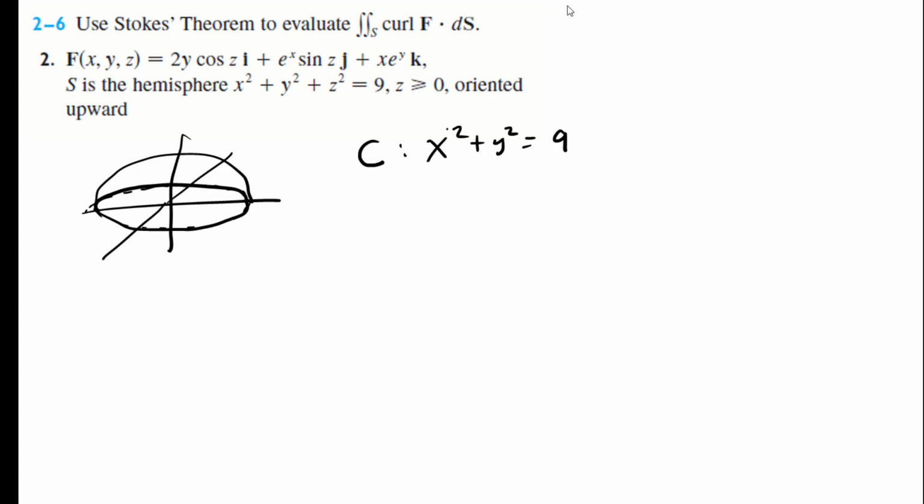Now I'm going to use Stokes' theorem to say that this is equal to the integral over C of F dot dr. So I need to parameterize this.